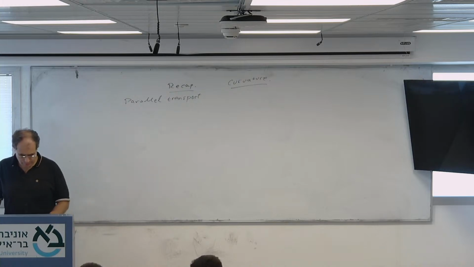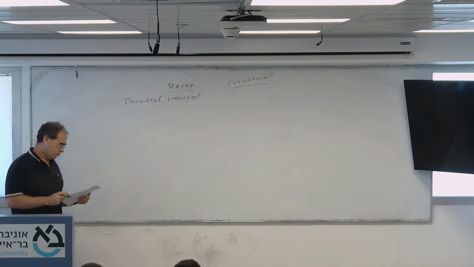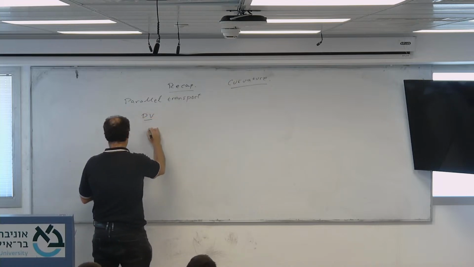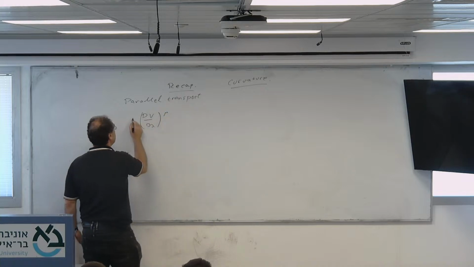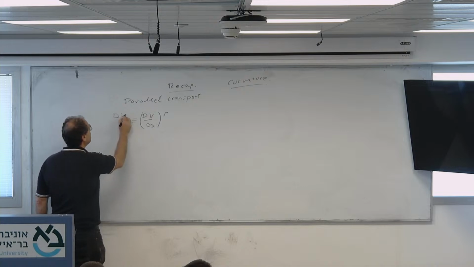Okay, so we spoke about parallel transporting of a vector, which was essentially dv^mu over d lambda. By the way, in many textbooks you'll find it written in a slightly different way than I'm writing it here. It's dv over small v.